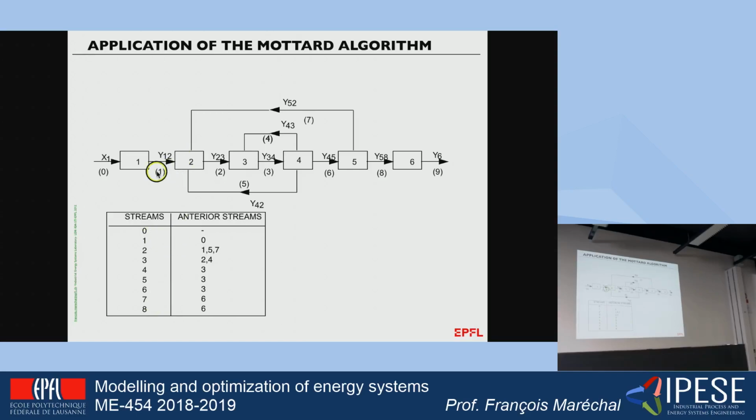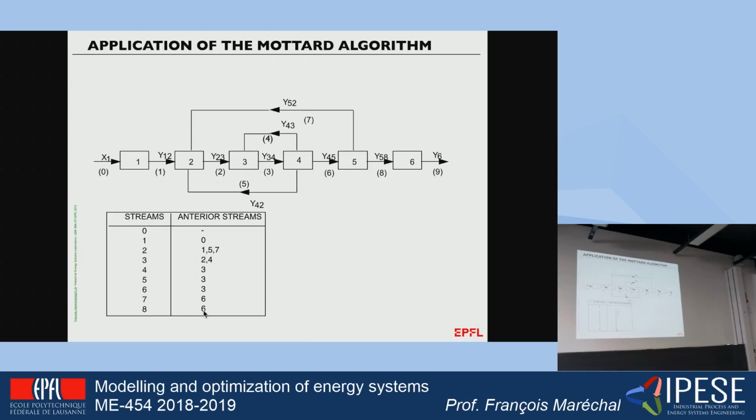So 1 needs 0. 2 needs 7, 1, and 5. 3 needs 2 and 4. 4 needs 3, 5 needs 3, 6 needs 3, 7 needs 6, 8 needs 6. Okay, so this is the principle of defining the anteriors or the predecessors.